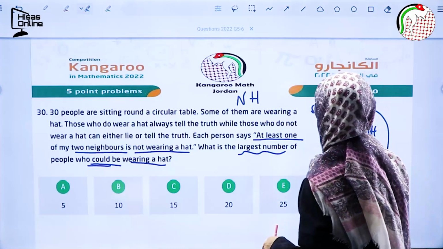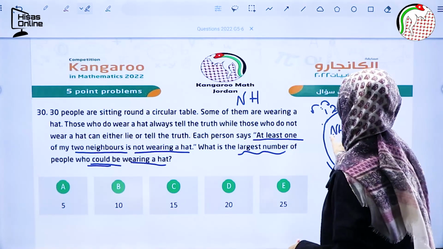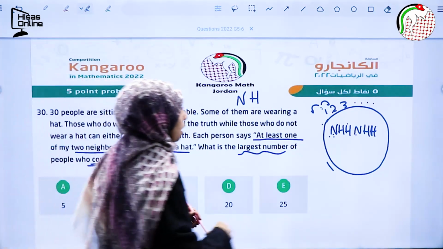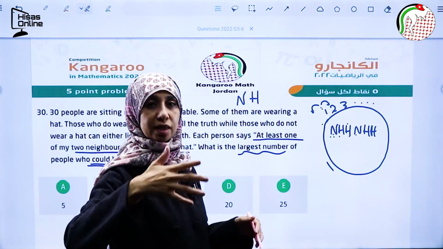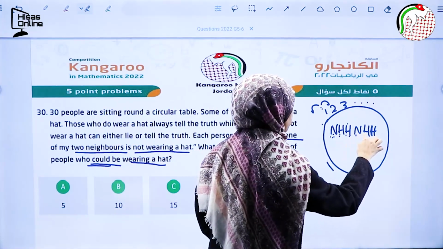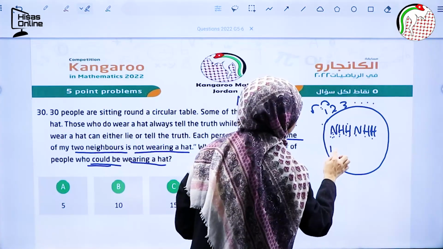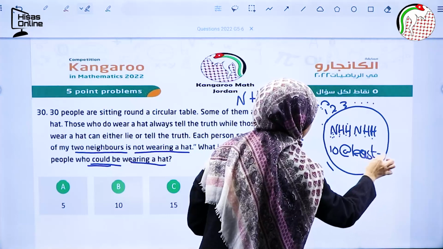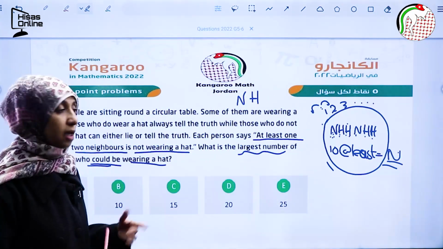So, if you start the first round making this, you will have this pattern repeated 10 times, this order of not wearing, wearing, wearing, because we said at least without any ordering. So, not wearing, wearing, wearing, not wearing, wearing, wearing. For 30 people, at least 10 will be not wearing hats.